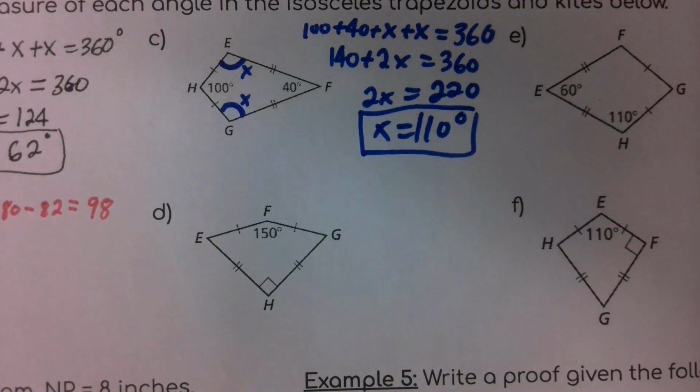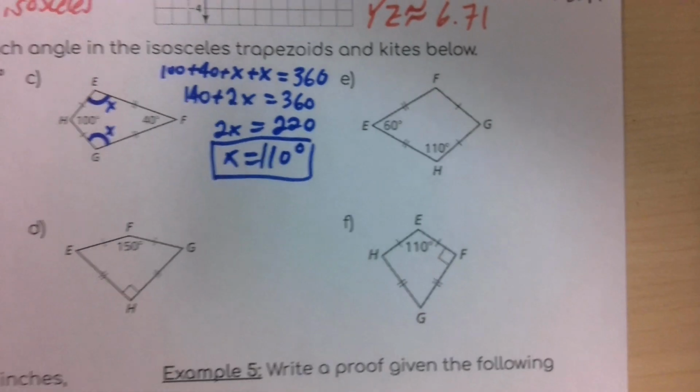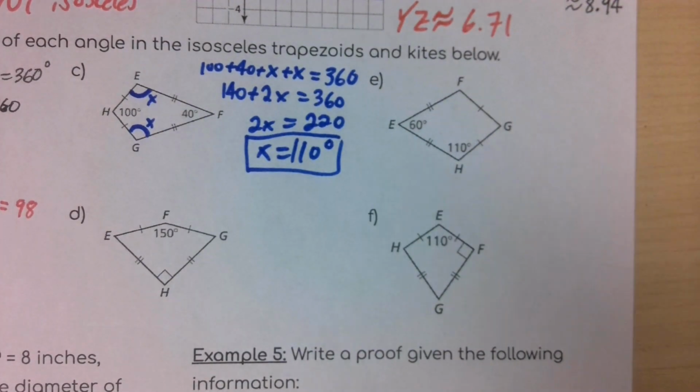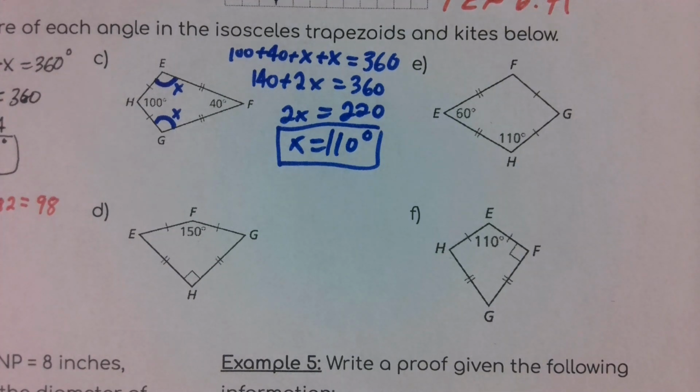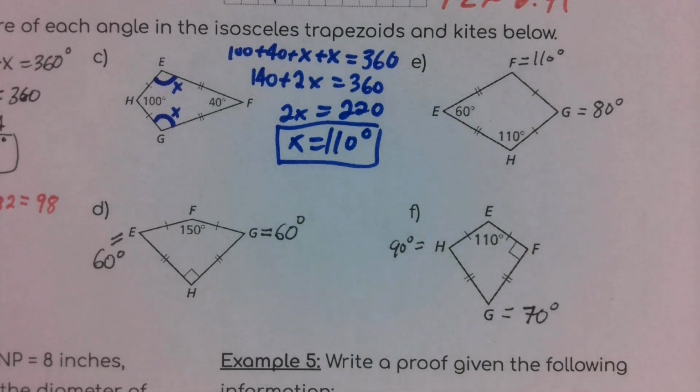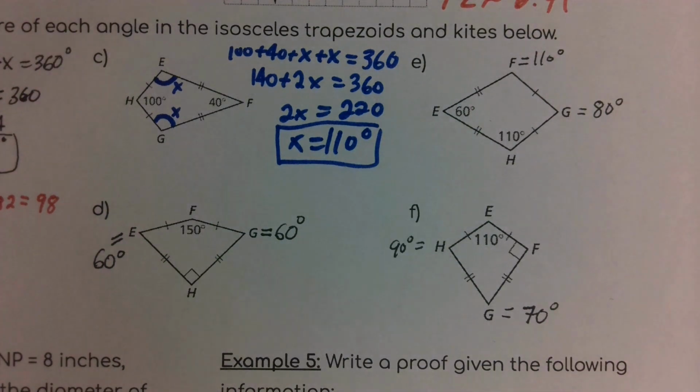I'd like you to pause the video here and try out problems D, E, and F. Come back and unpause when you are all set with those three. How'd you do? I tried to trick you a little bit with E and F. Recall that they have one pair of opposite congruent angles.